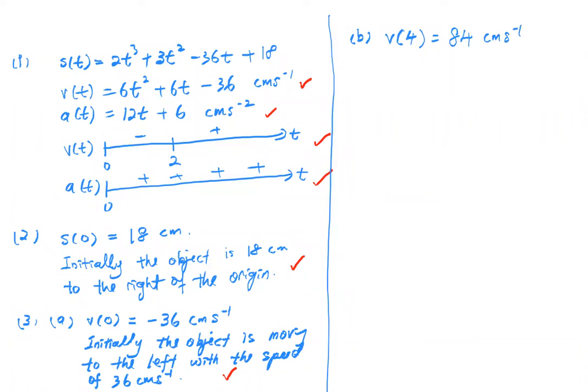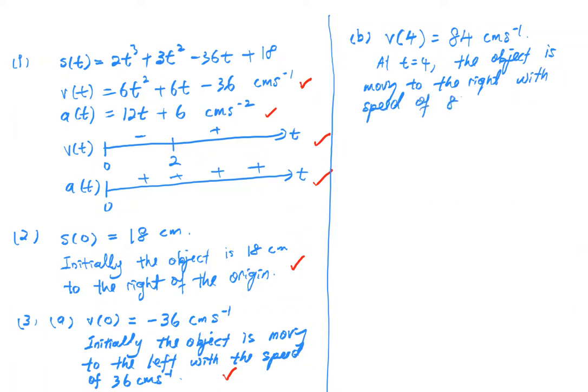So how do you interpret this? At t equal to 4, the object is moving to the right with the speed of 84 cm per second.